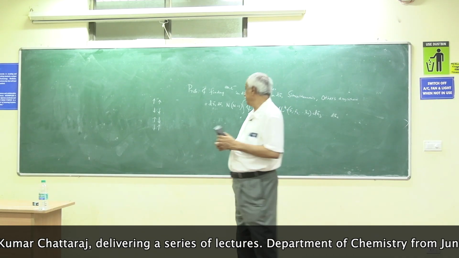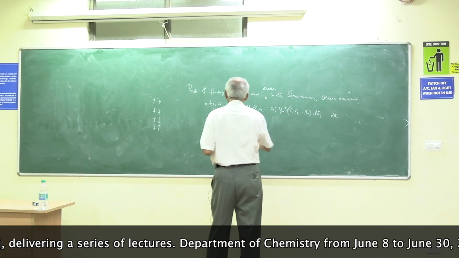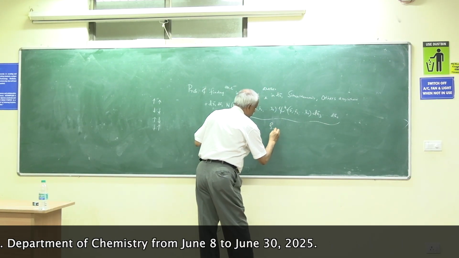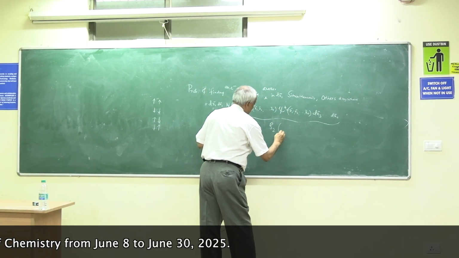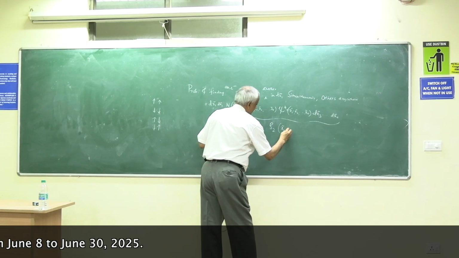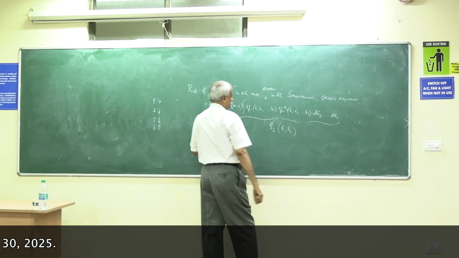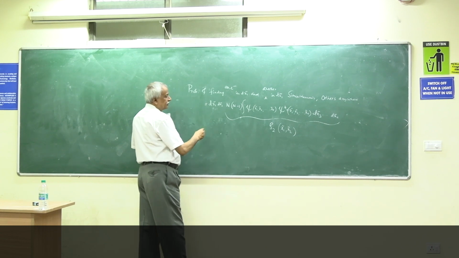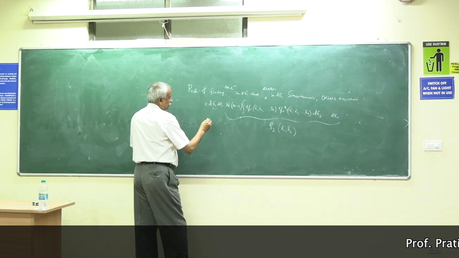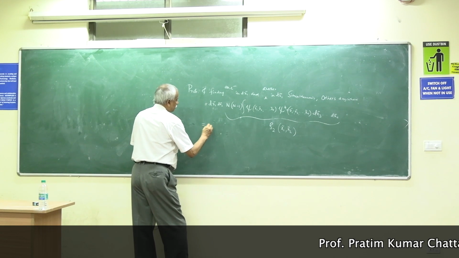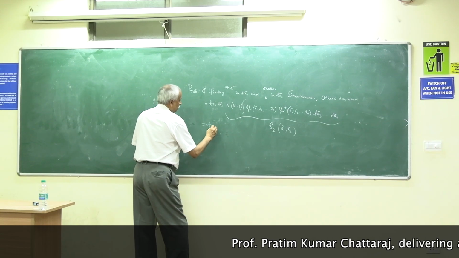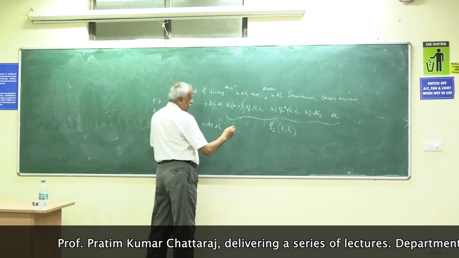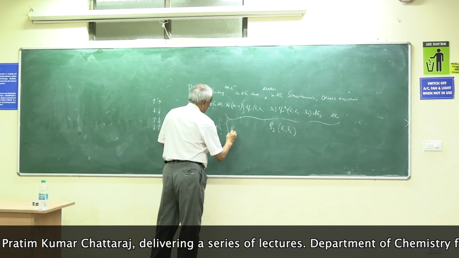That means if I call this one rho 2 x1 x2, then I will integrate over this, dr1 dr2, and then you have the integral.